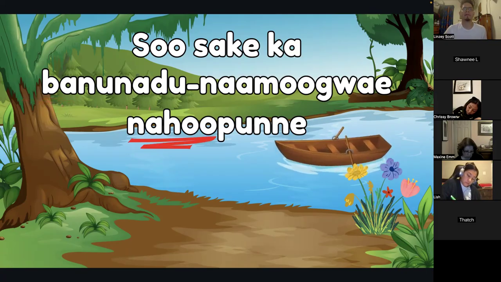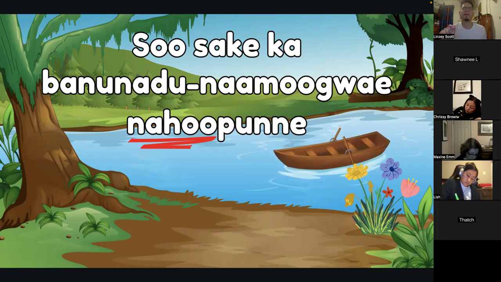Namugwe, we already learned, was in the middle. So this final word, nahupani, means floating. The root word in this word is nahu, which means to float.